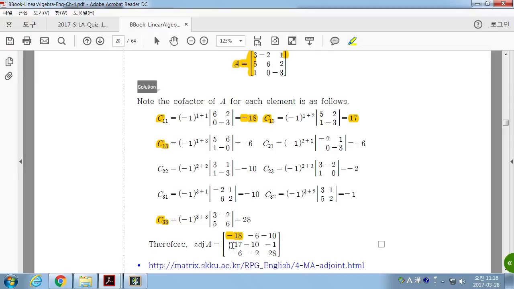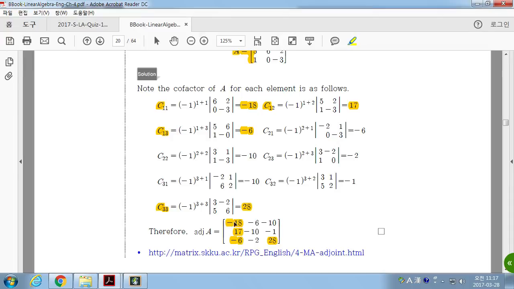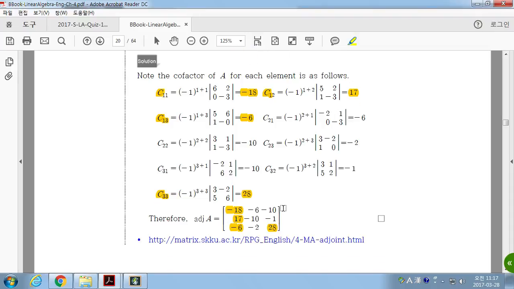And C13, minus 6, goes here, transpose. And C33 goes here. As you see, the signs are plus where i plus j is even and minus where it is odd, alternating like this.